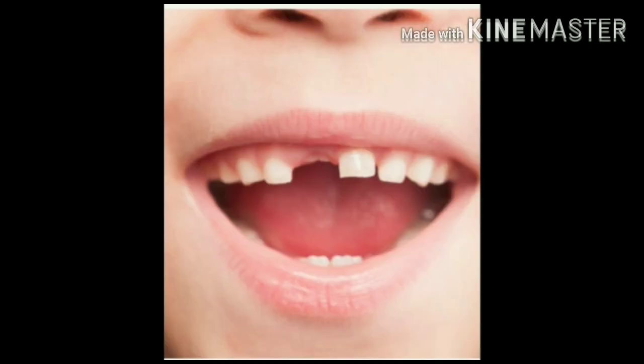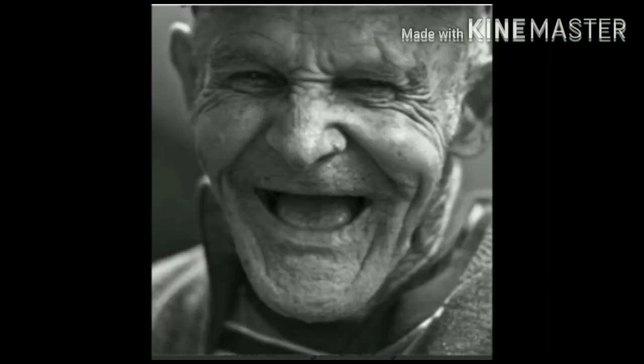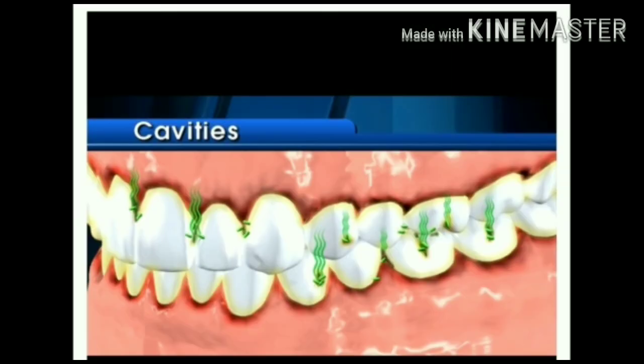These are termed milk teeth. The second set that replaces them are the permanent teeth. The permanent teeth may last throughout life or fall off during old age or due to some dental diseases.